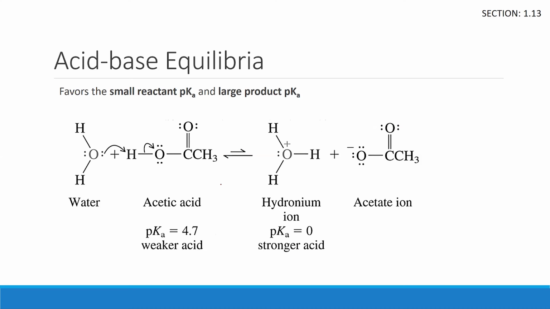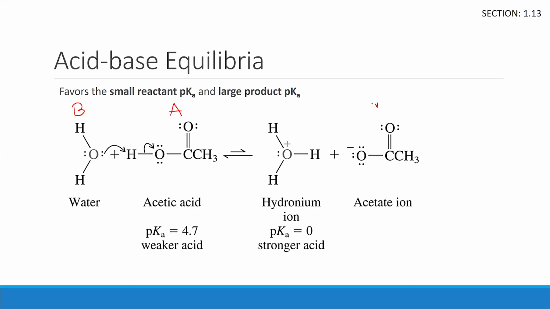Here's another example. We have water reacting with acetic acid. That is our acid, of course. Its pKa is 4.7. Now, water is our base. Acetic acid is the acid. So acetic acid, you can see its product over here, the acetate ion.